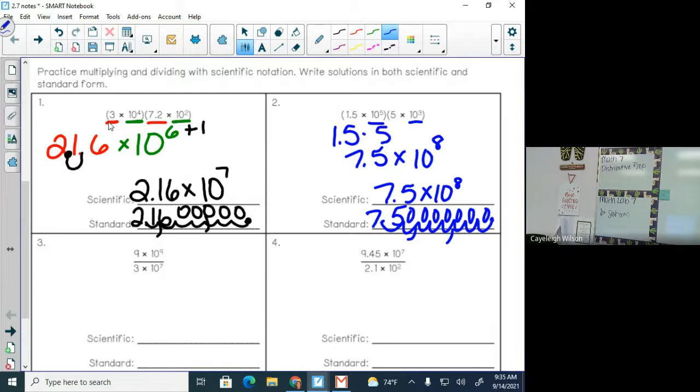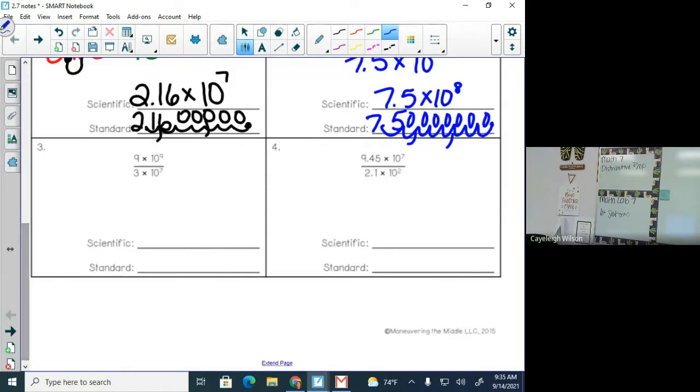All right, number 3. This one is dividing. So I'm going to divide the numbers out front, and then what am I going to do with the exponents? Subtract them. So I'm going to take the 9 divided by 3, which is 3. And then I'm gonna take the 10 to the 9th divided by 10 to the 7th.